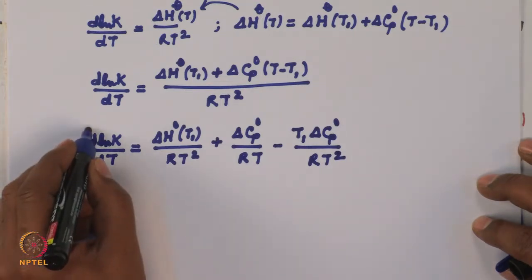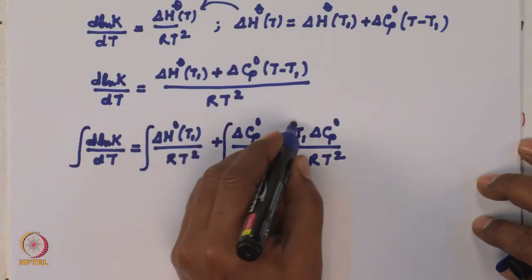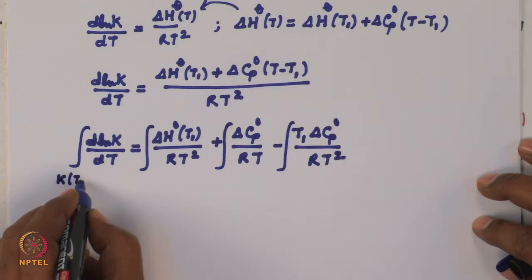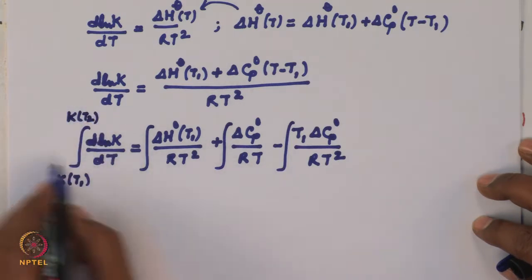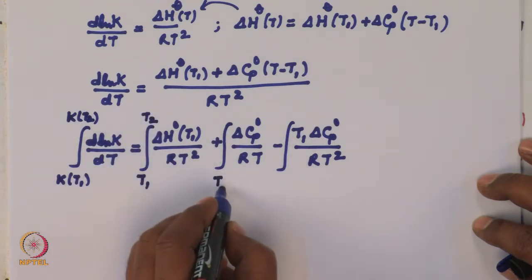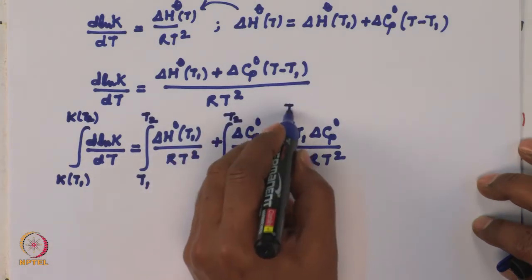And I can integrate this, K from K at T1 to K at T2, T from T1 to T2.